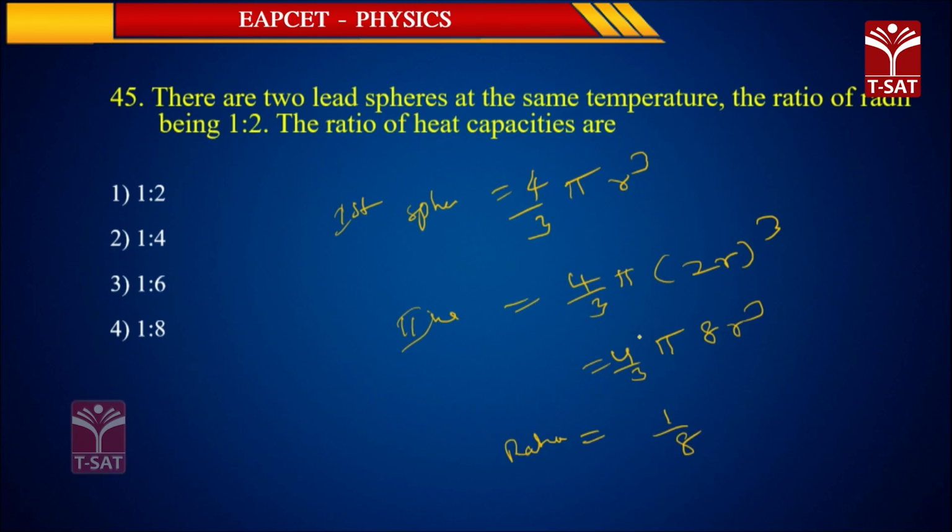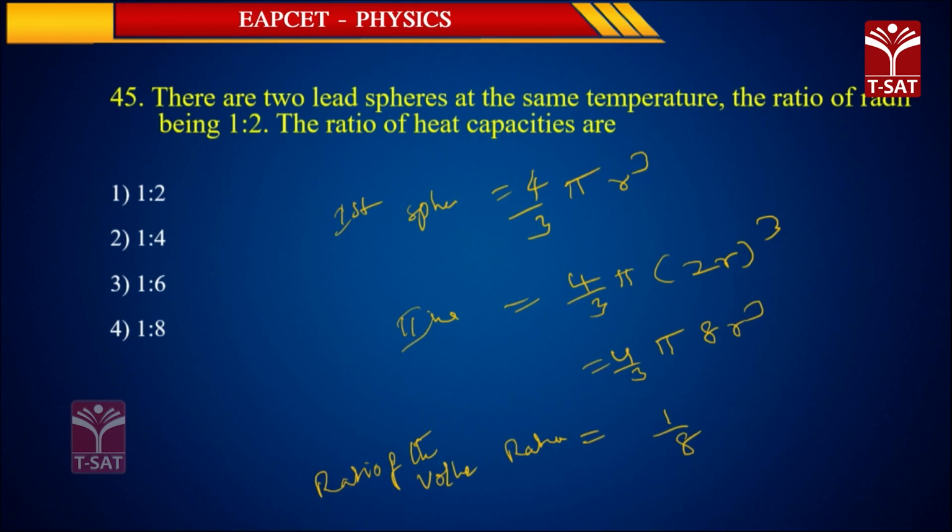Here the first sphere's 4/3 pi r cube is common, and the second sphere's 4/3 pi r cube is also common. Therefore 1/8. This is the ratio of the volumes.